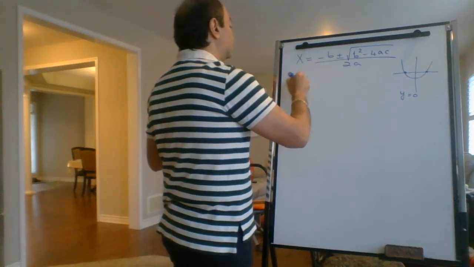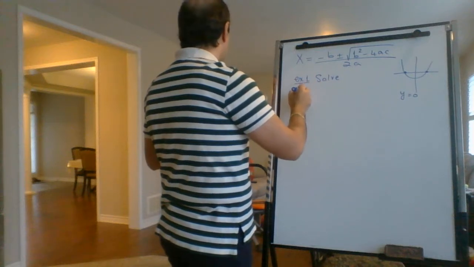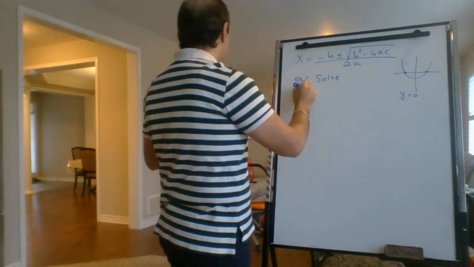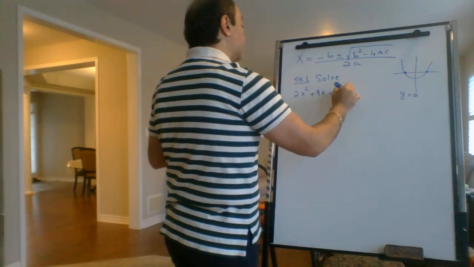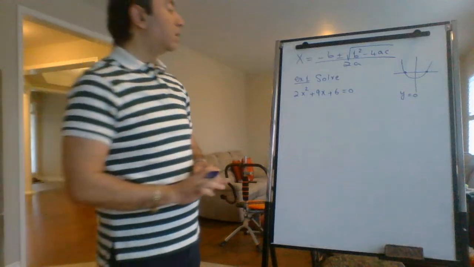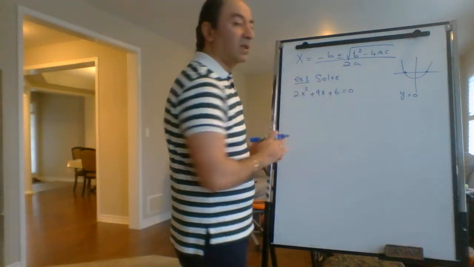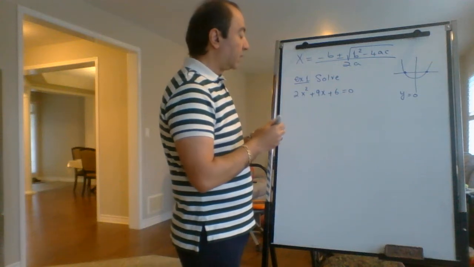Example 1. Solve 2x squared plus 9x plus 6 equals 0. So in here, when I start, I look, do I have a 0 on one side? Yes, I do. So I can start to solve right away.